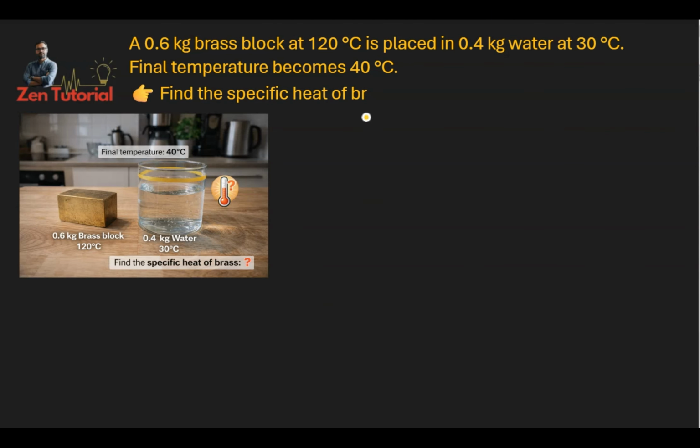In this problem, there is a brass block of mass 0.6 kg. Let's first write down: mass of brass is equal to 0.6 kg, and the specific heat of this brass we have to calculate. This is the final question anyways. And the temperature of this block is 120 degrees Celsius.